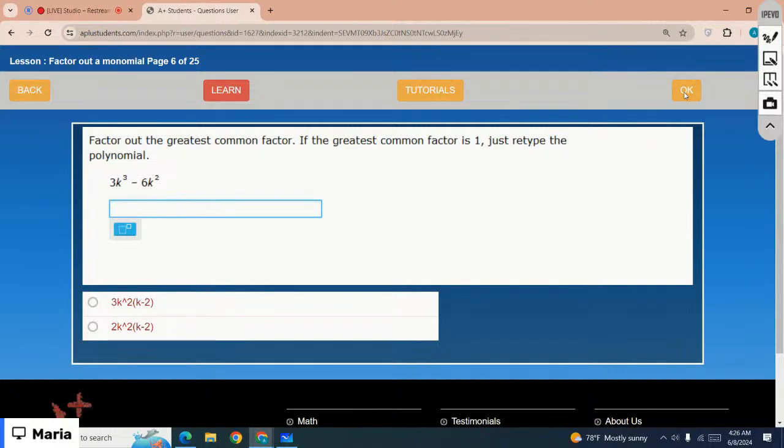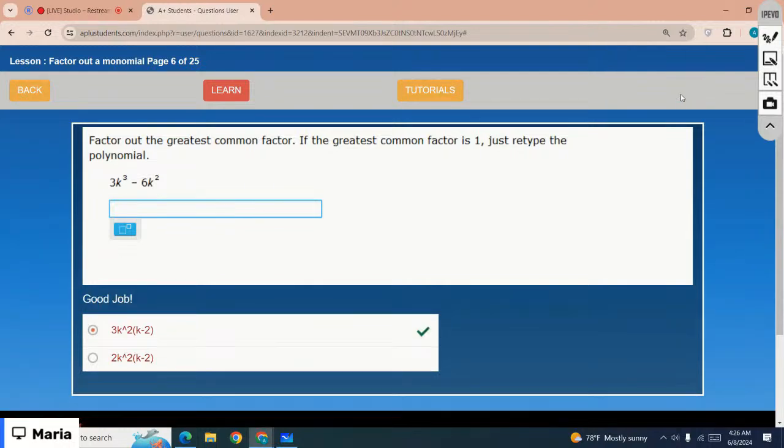The correct option is option number 1: 3k squared times k minus 2.